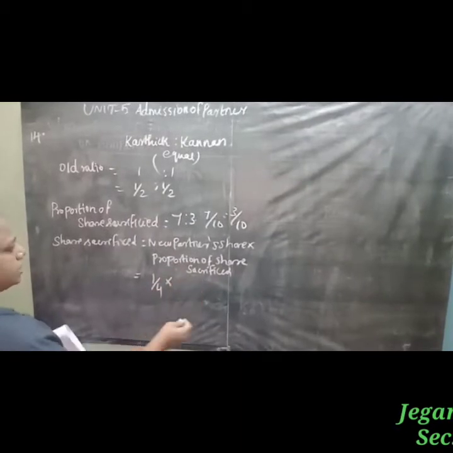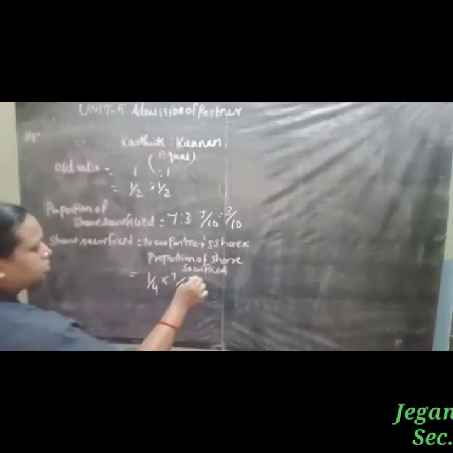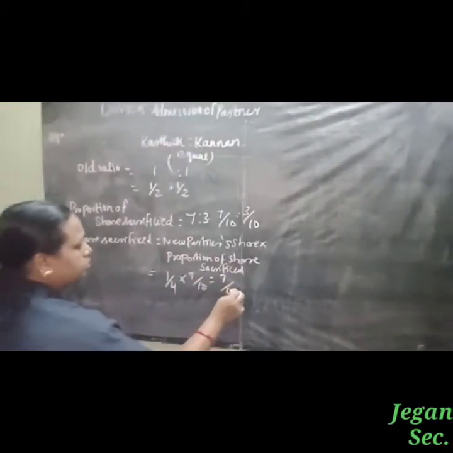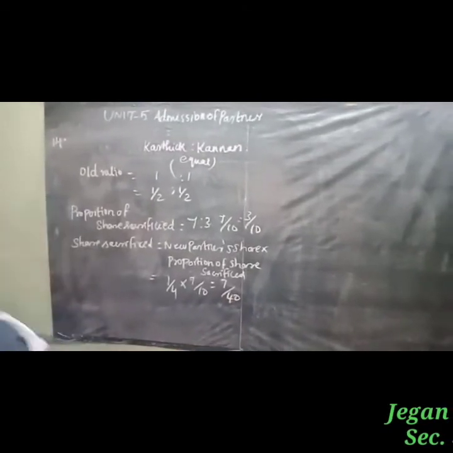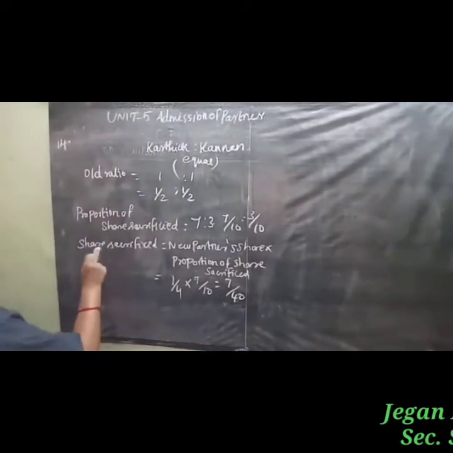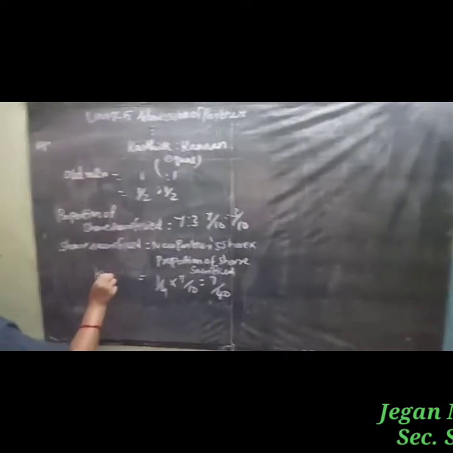So 1/4 into proportional share sacrifice 7/10: 1 7 is 7, 4 10s are 40. That is the share sacrifice for Karthik.